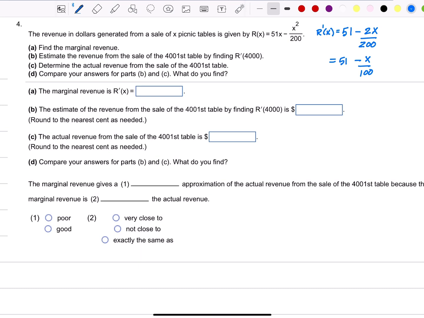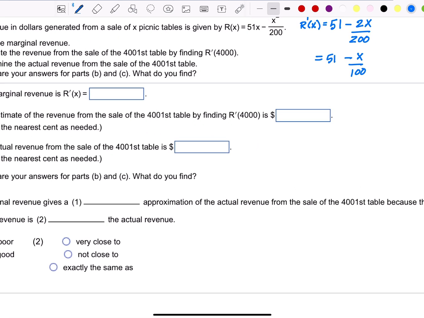Now to estimate the revenue for the 4,001st table, we find the change in the revenue at 4,000, and it's telling us it's going up by a certain amount, and that will be the revenue for the next table, or the 4,001st. So we have R prime of 4,001.